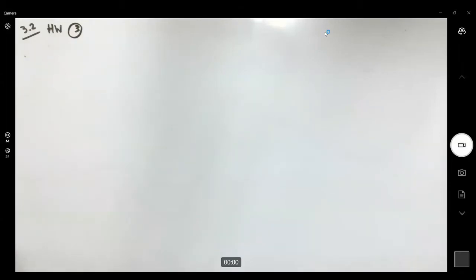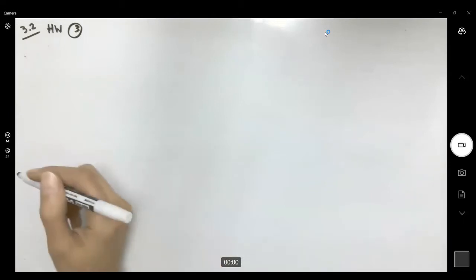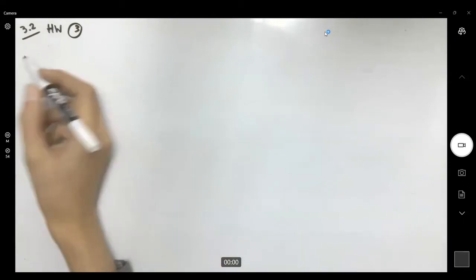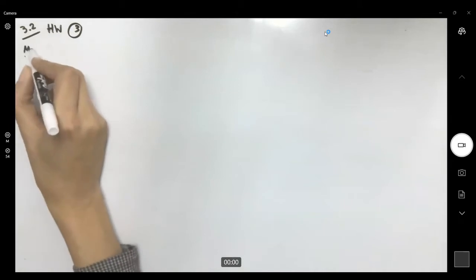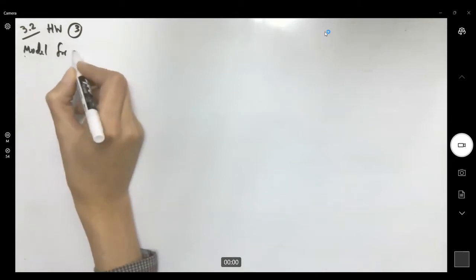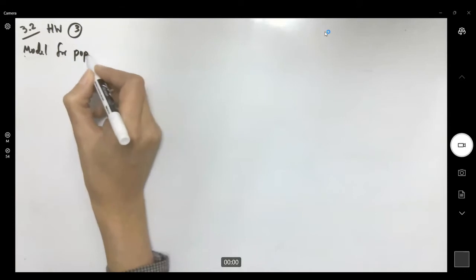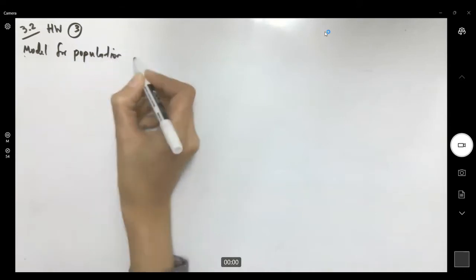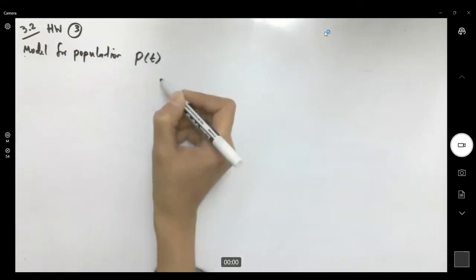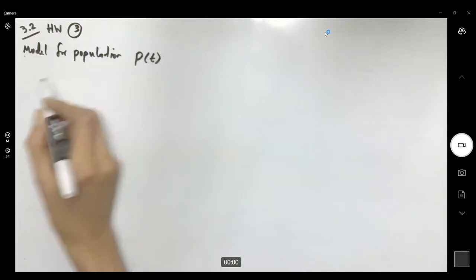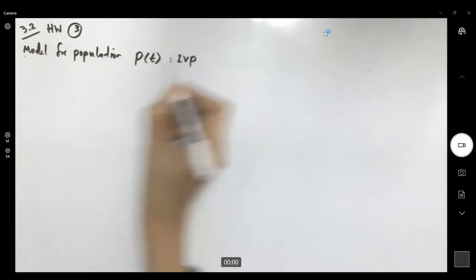Take a look at question 3. Question 3 says, we have a model for population P(t) in a suburb of a large city, given as an initial value problem as follows.